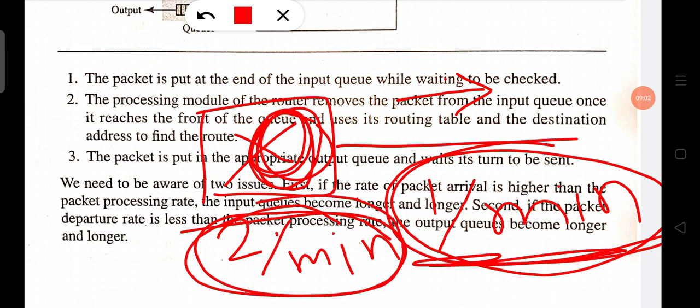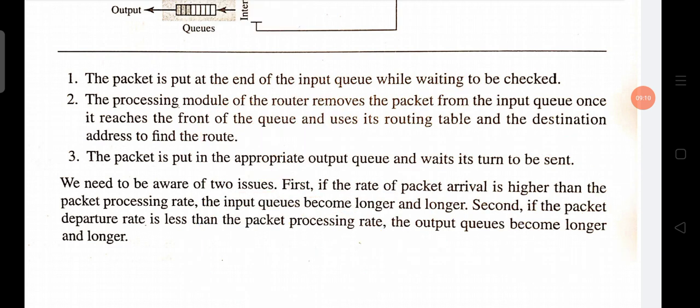So here also congestion happens. Due to these two problems, congestion happens.